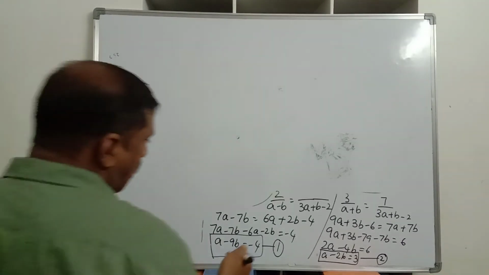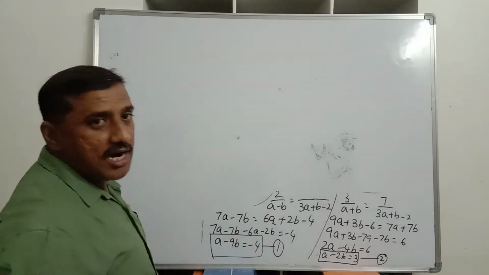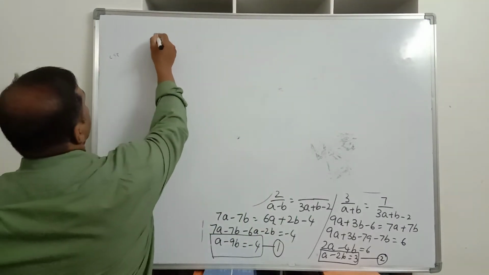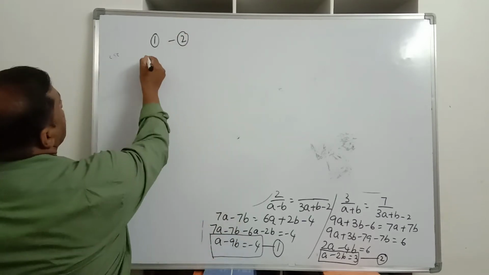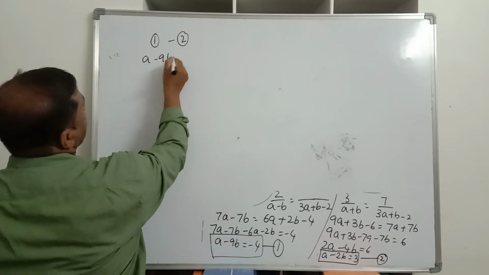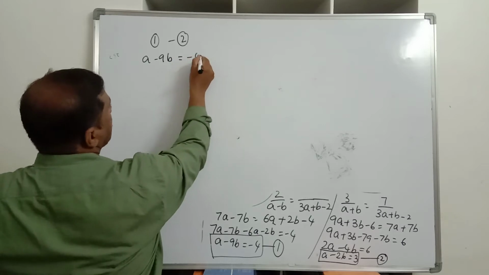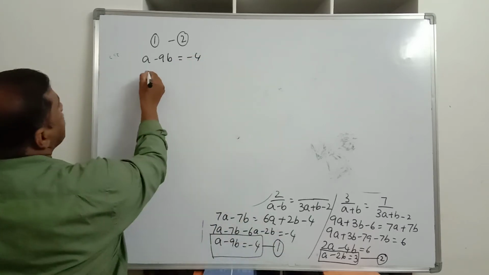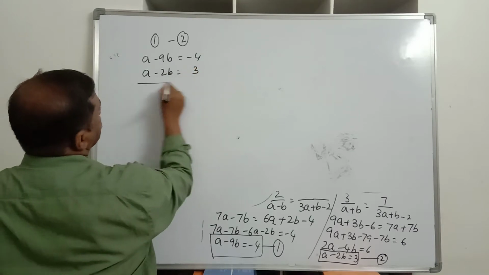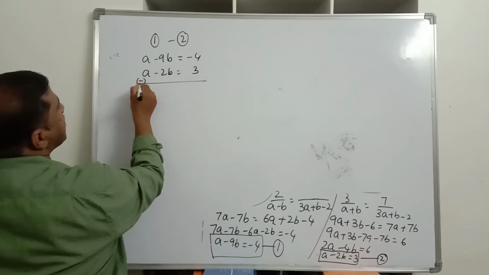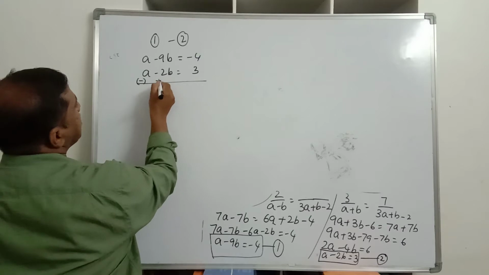Now solving these two equations, equation 1 and equation 2, how do we solve? Subtract equation 2 from equation 1. That is a minus 9b is equal to minus 4. Equation 2 is a minus 2b is equal to 3. While subtracting, signs will change: plus will become minus, minus will become plus.